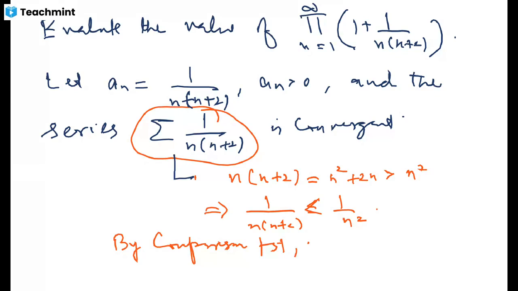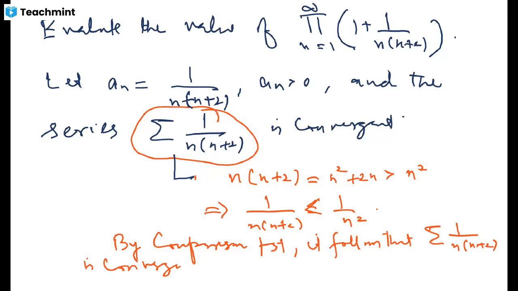it follows that this series 1 upon n into n plus 2 is convergent because the series 1 upon n square is convergent. So the series is convergent and hence the product is convergent.